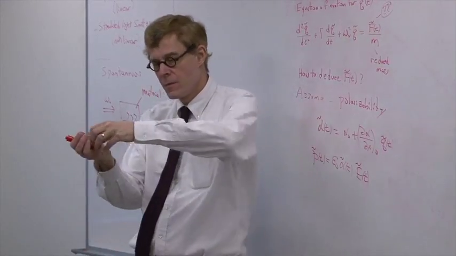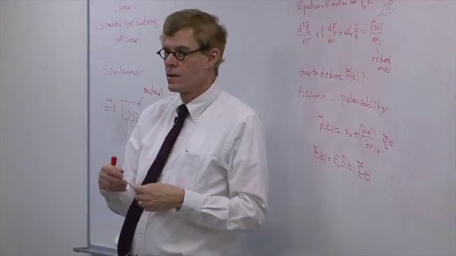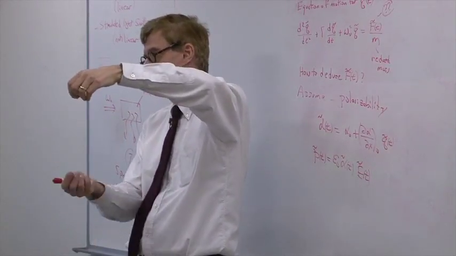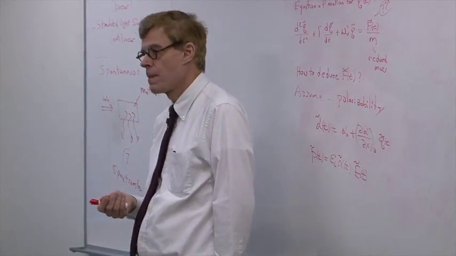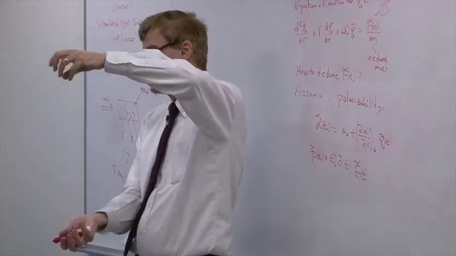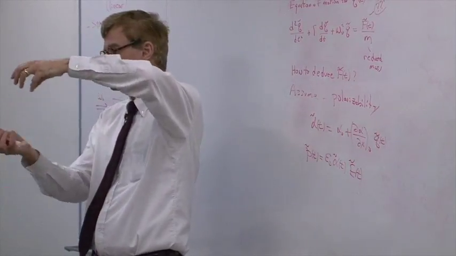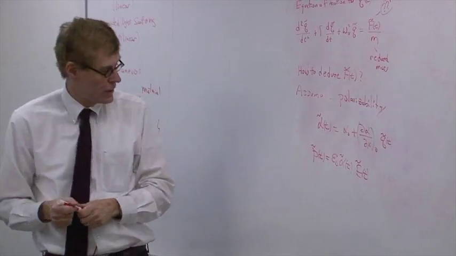And you might even expect it to be larger when they're here than when they're here, because usually bigger things have a bigger polarizability, for the scaling laws we talked about earlier in the semester. But that's just a guess, that it would be bigger. But we assume that the polarizability changes with this interatomic separation.